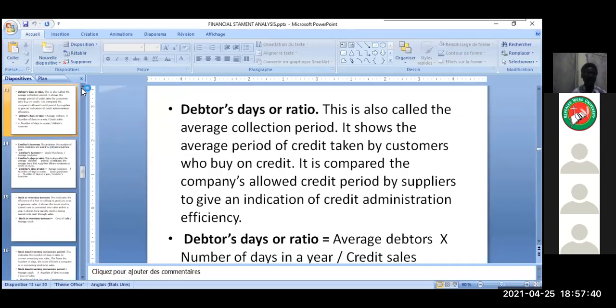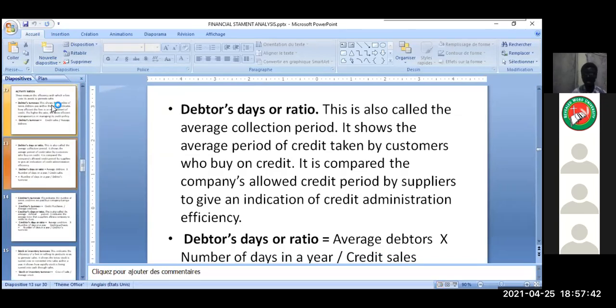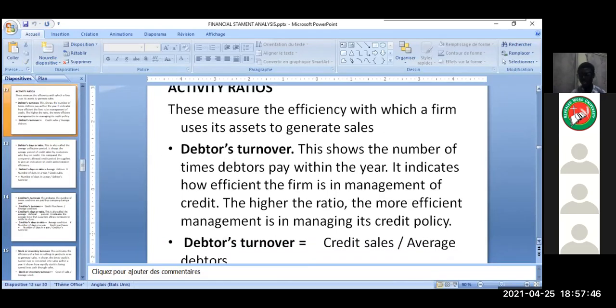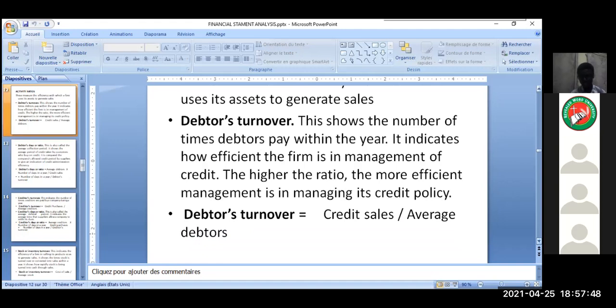So now, is there anyone who has an idea of where to get this element, credit sales and average debtors within the financial statement? Is it in the income statement or in the balance sheet?